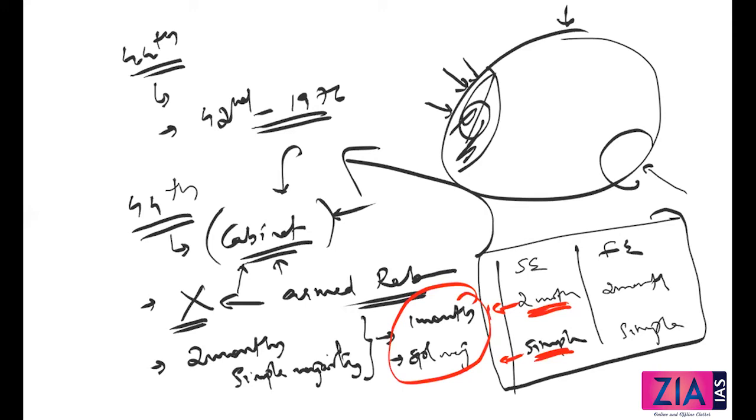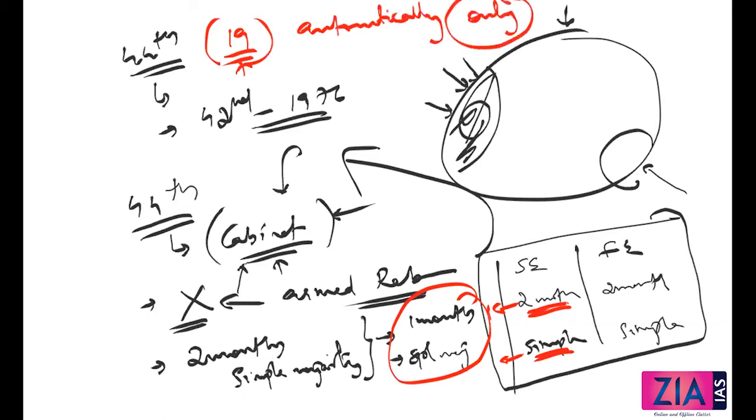Then the one which I have discussed with respect to Article 19, the fundamental right under Article 19, the right to freedom, can be suspended automatically only when it is on the basis of war or external aggression, right?